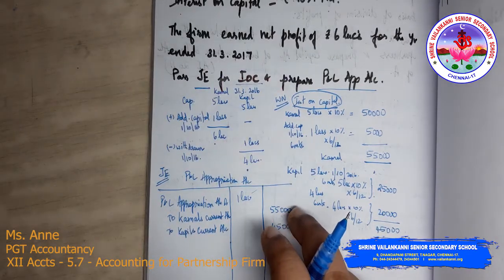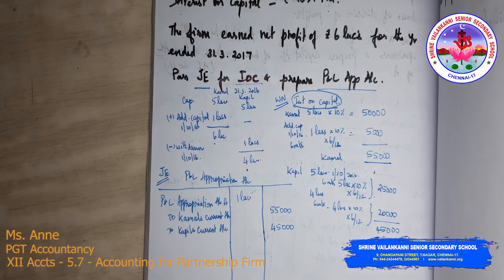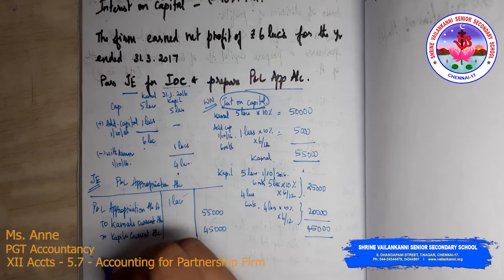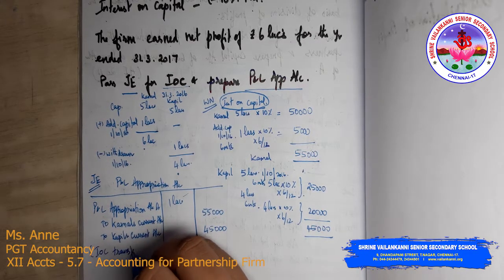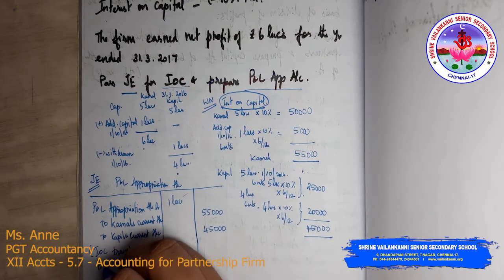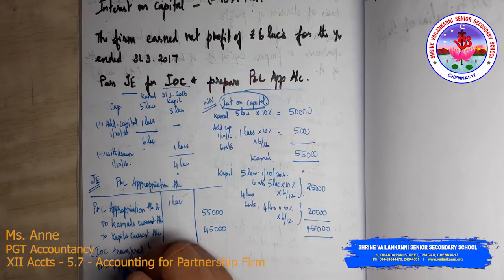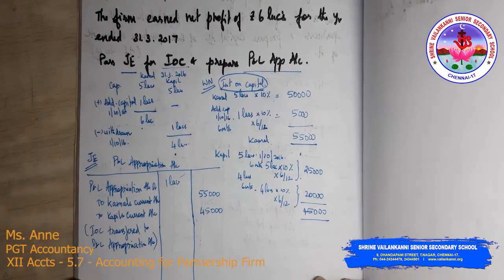In the narration you can write interest on capital apportioned, or interest on capital transferred to P&L appropriation account. So this can be the narration for this.